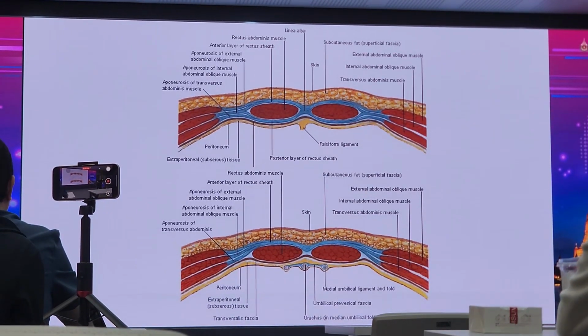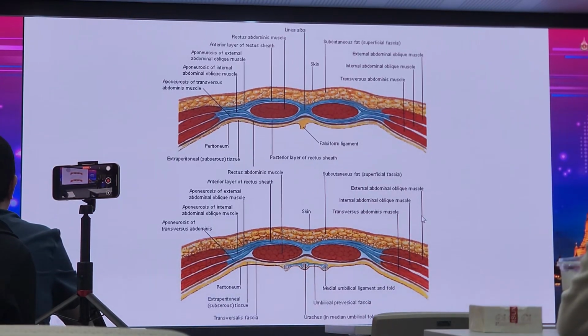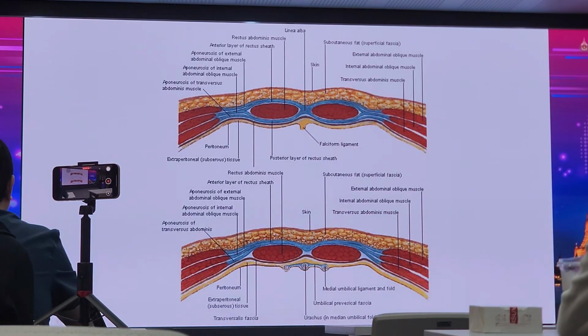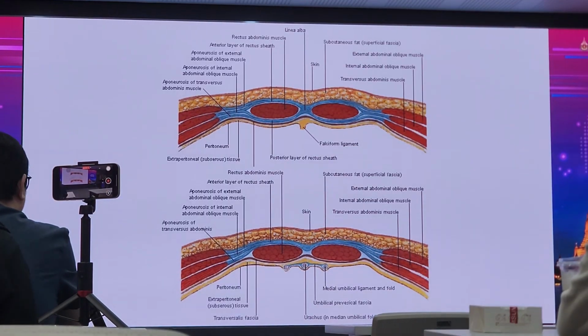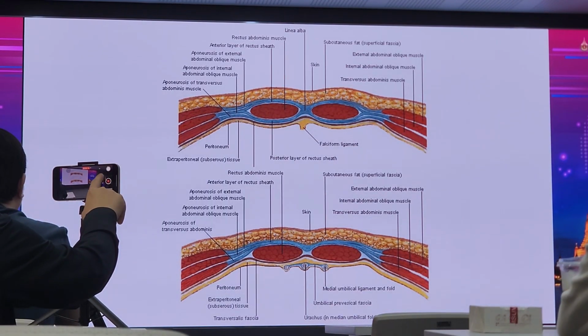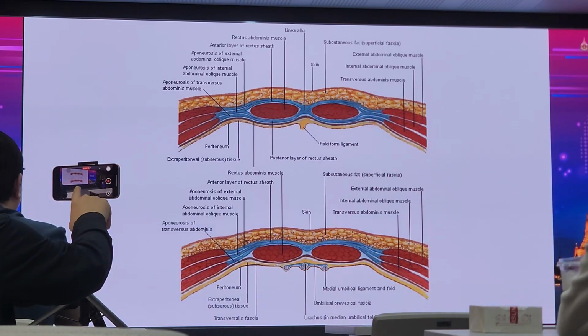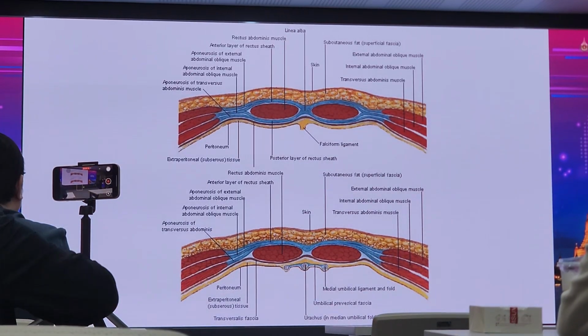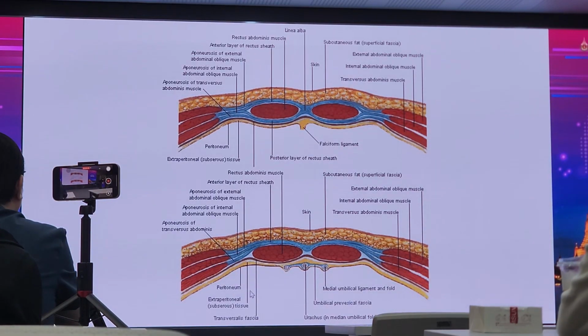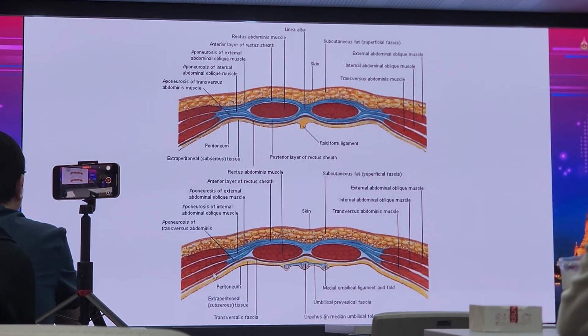The middle part is the rectus muscles, and the lateral parts are the lateral abdominal muscles. The transverse abdominal muscle gives aponeurosis in front and at the back of the rectus muscles, and below the arcuate line the aponeuroses merge to form only the anterior rectus sheath.